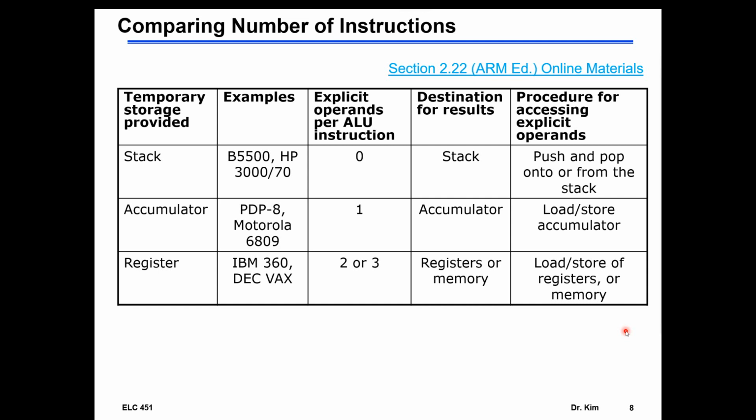And then another higher-end type of computer, the VAX line and the IBM 360 mainframe, was a more generic register and memory type of approach. So that's a historical view there.